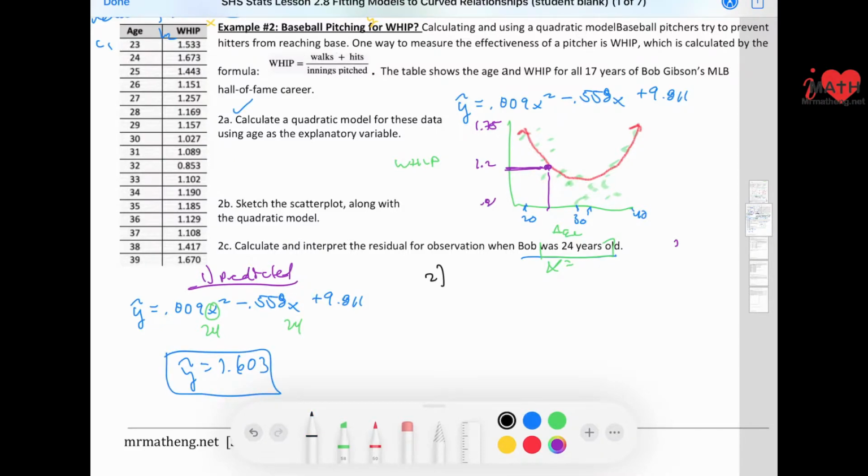And then if you actually get the residual, which is his actual minus the predicted, and this is the predicted, so 1.603, and his actual, you can look at 24, it's right up here. So 1.673. So you have a residual of a positive 0.07.